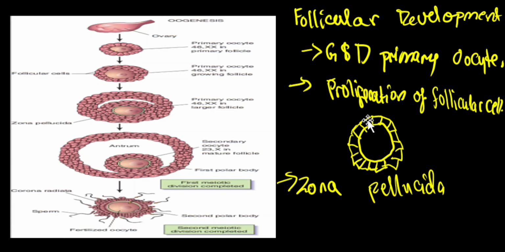Then the next step under follicular development was the development of the theca cells, which are formed from the stromal cells of the ovary. We also saw that the theca cells have angiogenic properties, which means they help in the formation of blood vessels that provide nutritive support for the follicular cells.